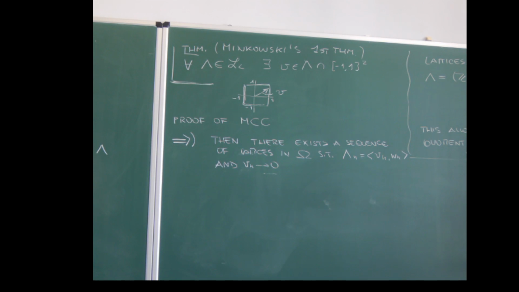Okay, so the only way you're unbounded is that one vector becomes extremely long and the other vector becomes extremely short.